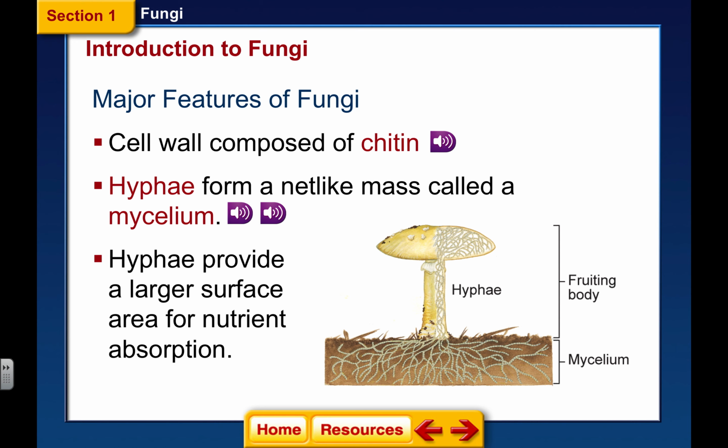What we see above ground is the reproductive structure. What we don't see, which is the true body, not the fruiting body, but the true body of any fungus, is this mycelium. So if you were to knock that mushroom down, then it may get rid of the fruiting body, but that mycelium is still stretching, and the mycelium can produce another fruiting body all along the way.